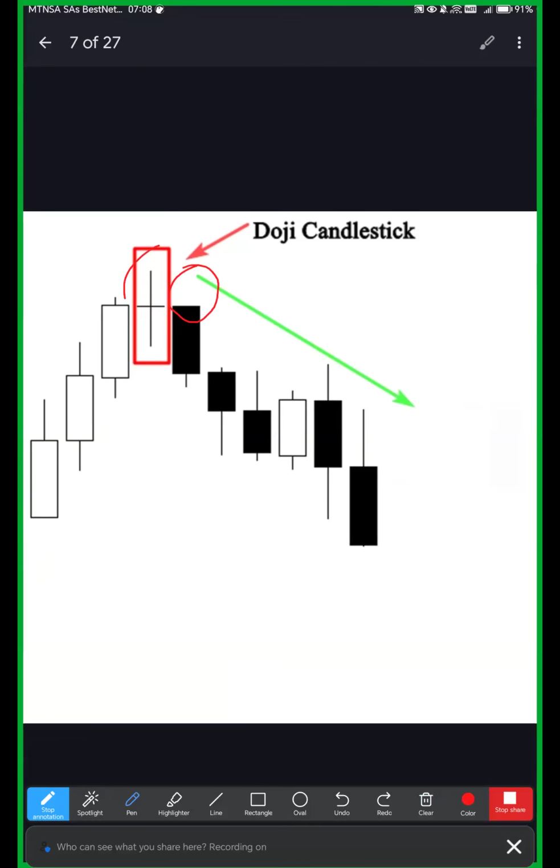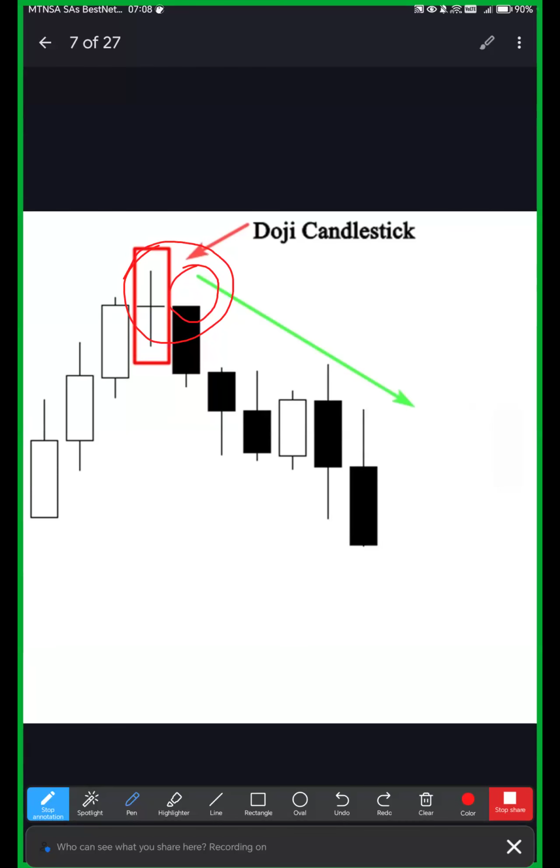It means there is some sort of power struggle that somebody needed to win and somebody needed to lose. So at the end of the day, you will see that the market has decided which direction it is going to go. All right.